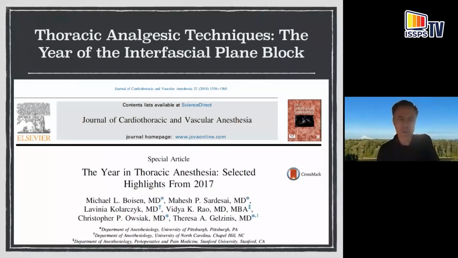So much so that this journal nominated this block in 2017 as the block of the year, because you can imagine in the field of cardiac surgery and cardiac anesthesia, because of anticoagulation, there are not many options for analgesia. So this block has become enormously utilized over a wide range of clinical scenarios.